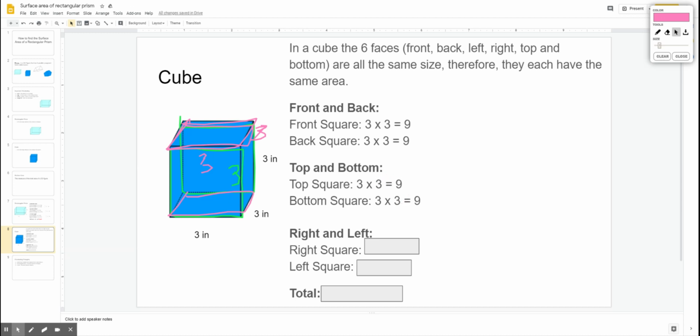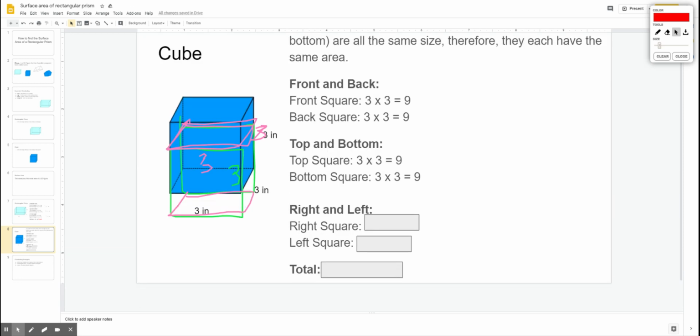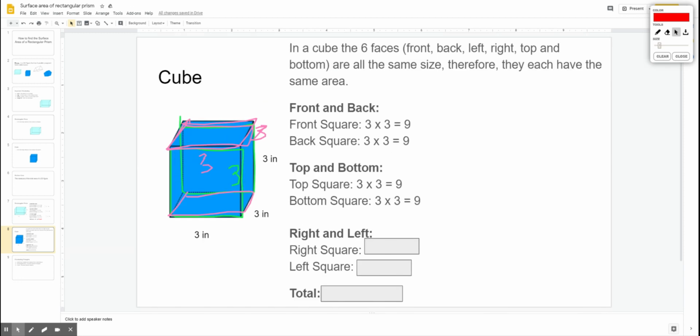Now the area of the right and the left side. So here's the right side. The right side is 3 and 3, and the left side is also 3 and 3.